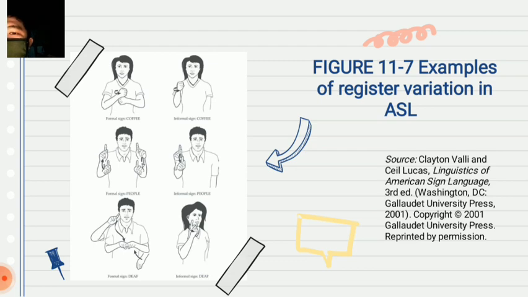Examples of register variation in ASL between formal and informal sign. You can look at those pictures. Formal sign for coffee and informal sign for coffee. Formal sign for people, informal. Formal sign for day and informal sign for day. Okay, we will go on next.